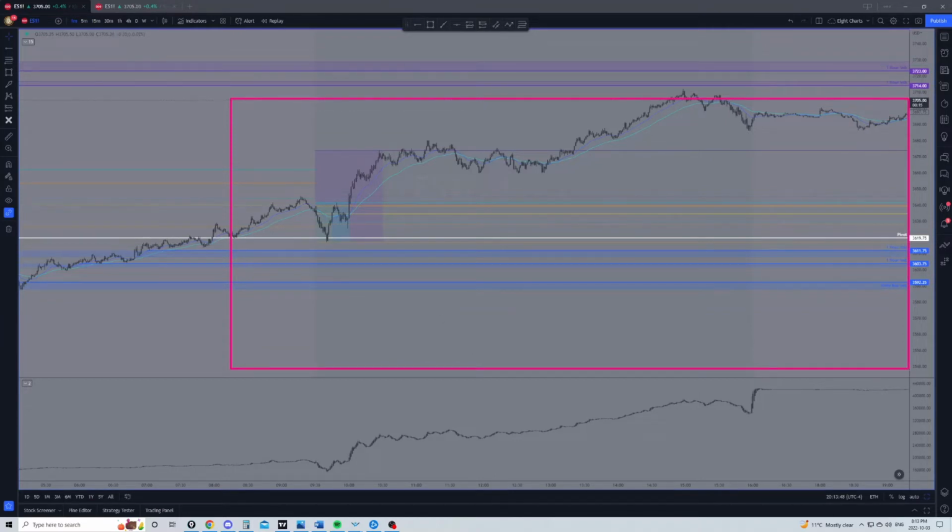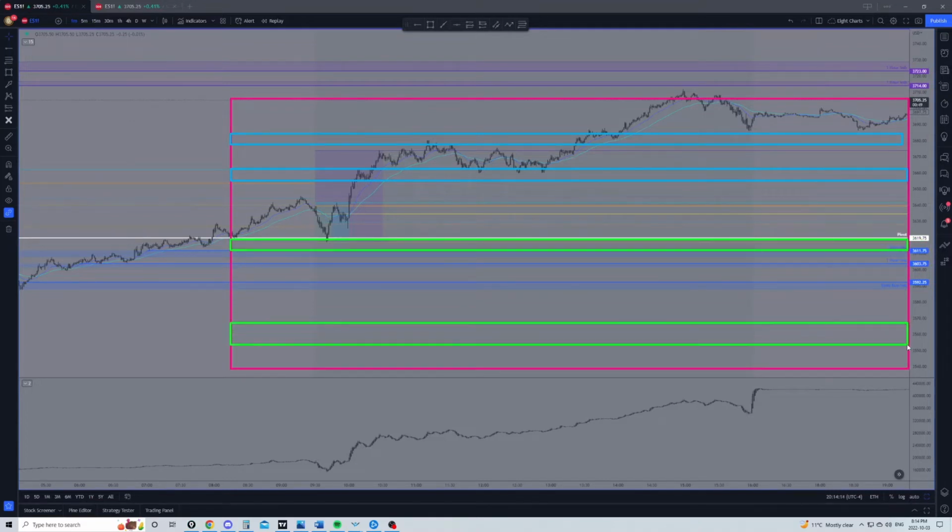Now within that range, you dial that range down even more and you look at stuff that we're going to look at in a second and you say, okay, I'm only going to look for shorts in this area. I will also look for shorts in this area. Now listen, I'm just putting these boxes in just for the visual here. And I'm only going to look for longs in this area and this area.